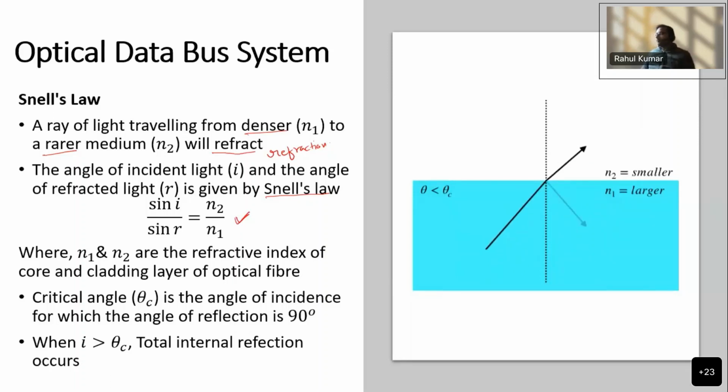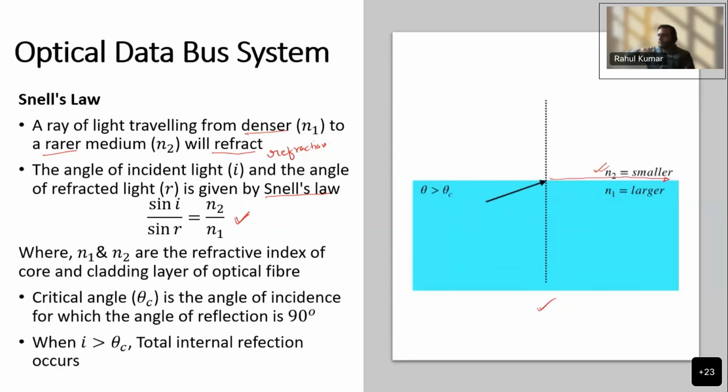So if we keep on increasing the angle of incidence, as you can see in this animation, a situation will come when the refracted ray will travel parallel to the interface between the two media for a particular angle of incidence.